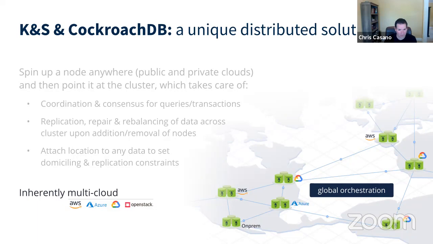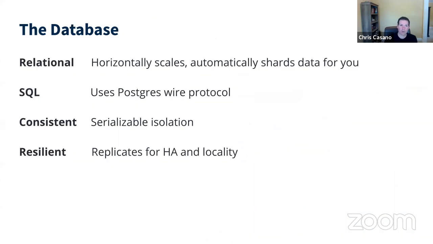And like I said, we work anywhere: AWS, Azure, Google, OpenStack. We're very much hardware agnostic. So let's quickly just talk about the database, and I'll give you some of the pieces of why it's unique and important for Kubernetes, especially for modern applications. So first, it brings you a relational experience.